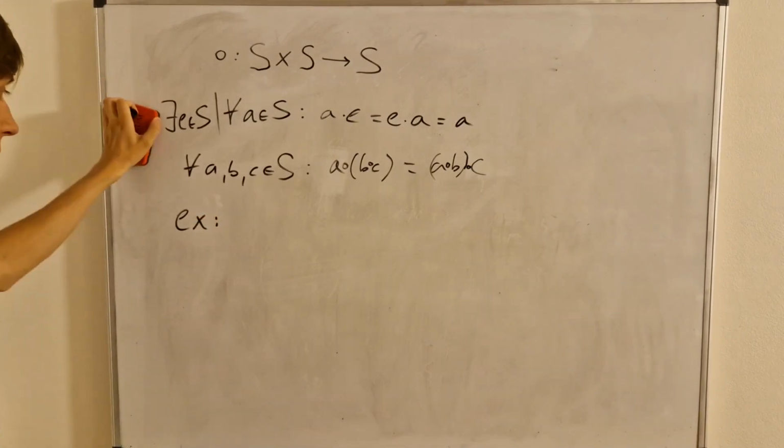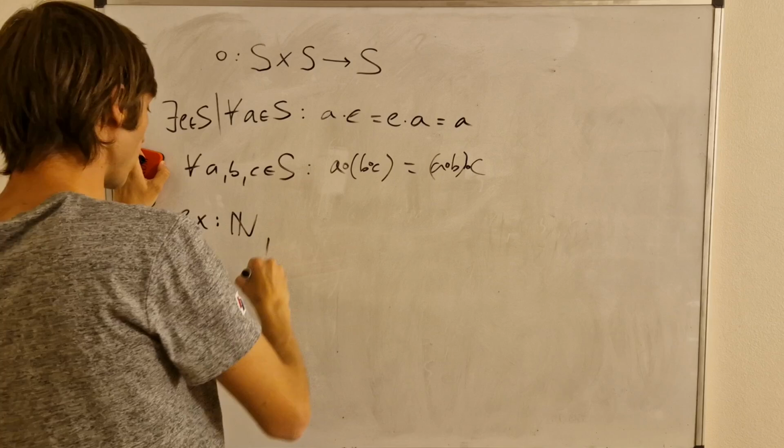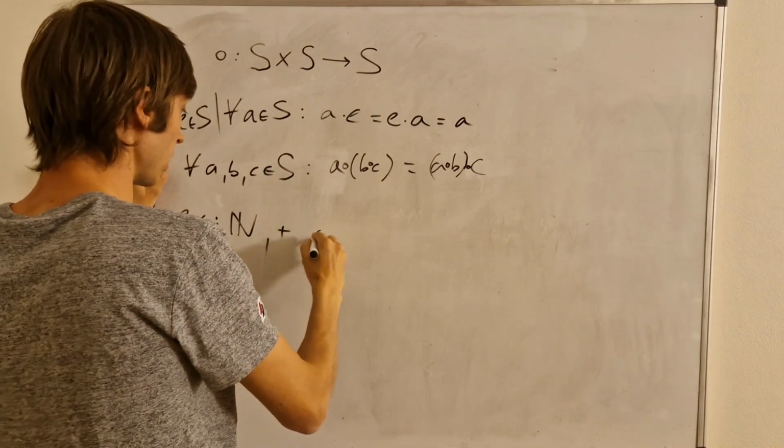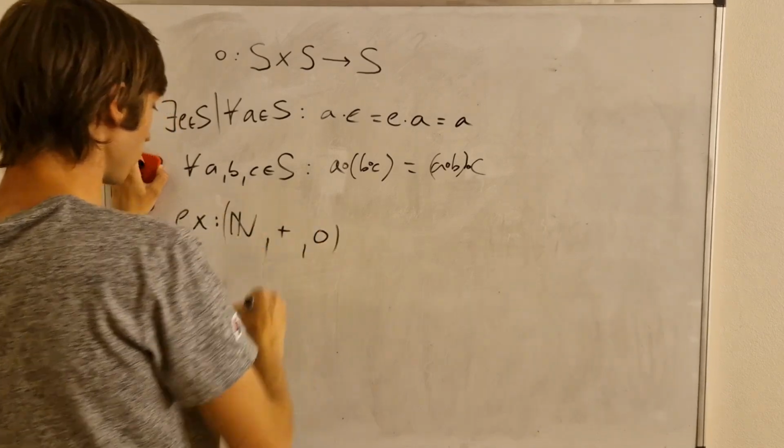Now let's look at some examples. For example, natural numbers with addition, with the identity element of 0.